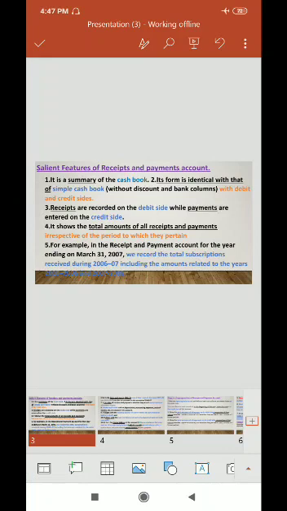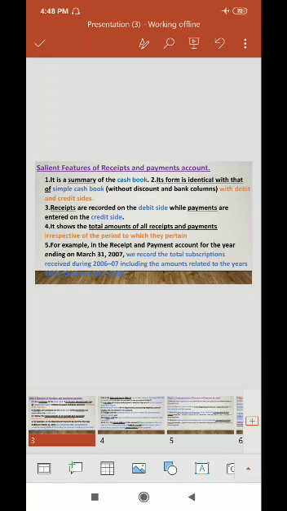Coming to the fourth point, it shows the total amount of all receipts and payments irrespective of the period to which they pertain. The receipts or the payments might relate to the previous year, current year or next year, but your receipts and payments account will record all of them, if and only if you have received the cash in the current year.